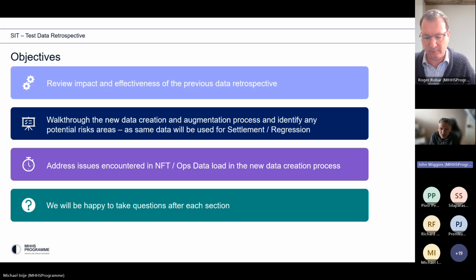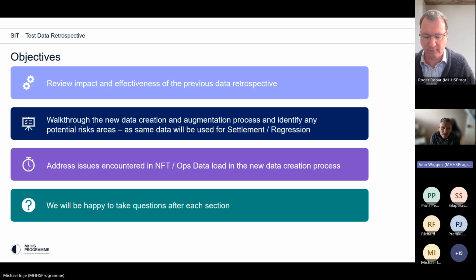So I think it's particularly relevant, because what we want to do is load exactly the same MPANs that we loaded into SIT-B into SIT-A, to support regression. Any issues that we've encountered here, hopefully we'll have understood, resolved them, and then it should mean, touch wood, that for the first time ever we're going to be using exactly the same data augmentation and data loading processes.